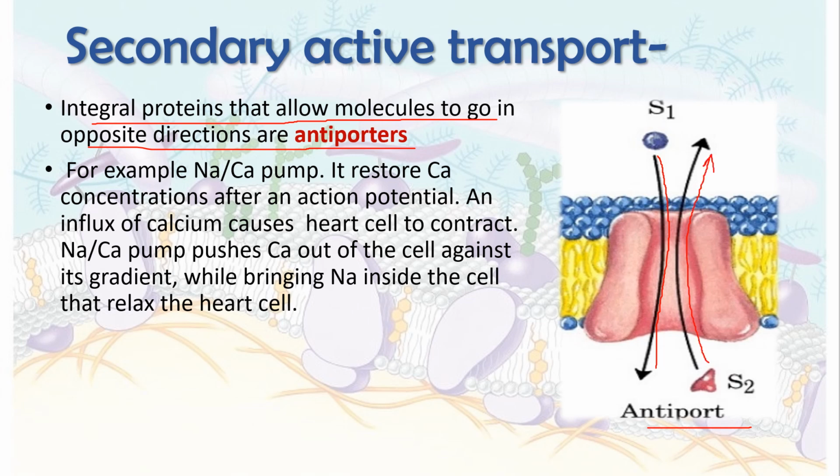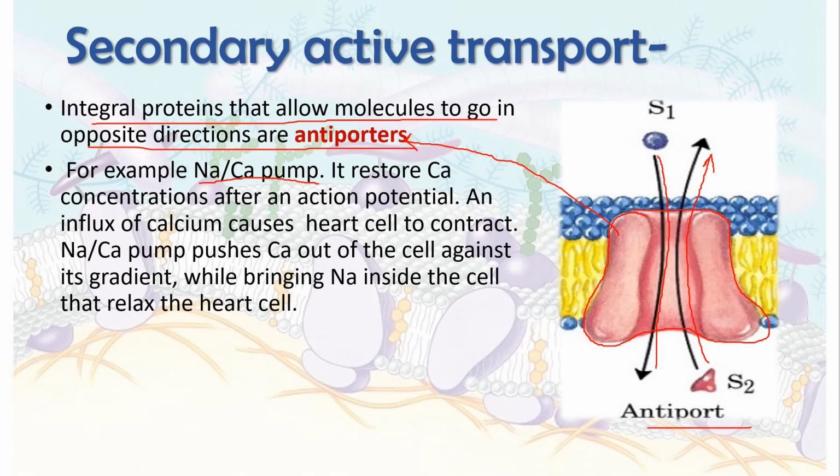So this is Antiport, and this integral protein that functions in antiport transportation is known as antiporter. So the best example of this antiport kind of transportation is seen in the sodium calcium pump.